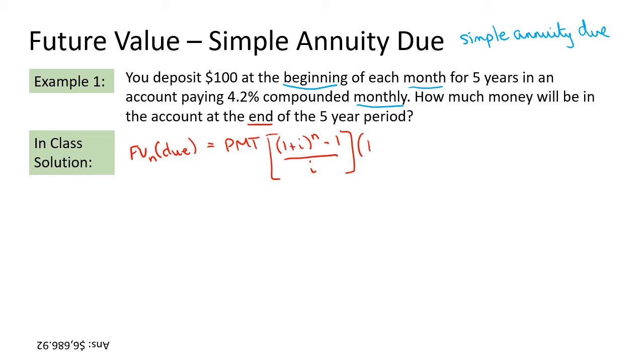And that's multiplied by this additional 1 plus i term, because it's an annuity due. Every other step is the same as a simple annuity.